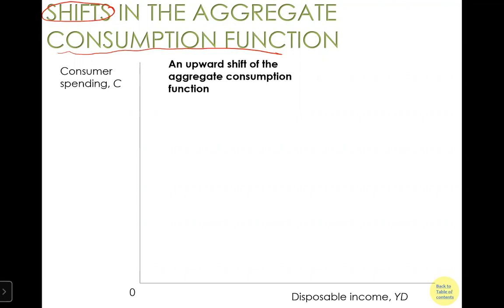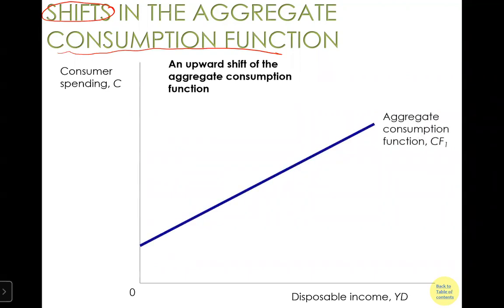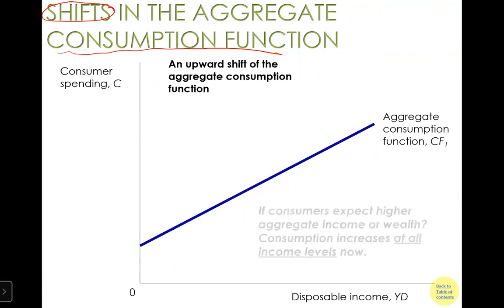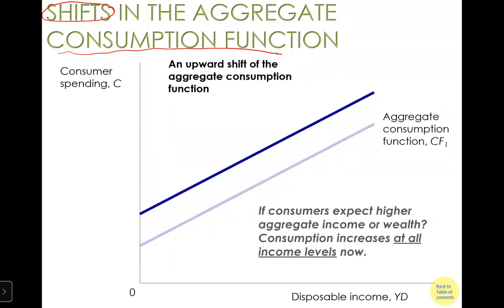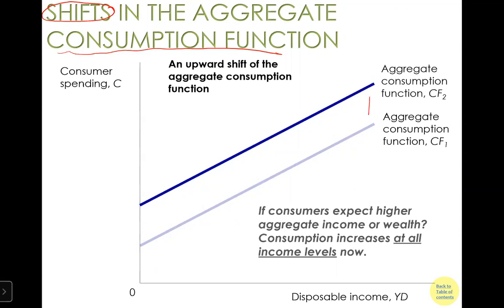In the micro review, we talked about supply and demand, and in supply and demand, we talked about a shift in supply or demand, and a change in the quantity supplied or demanded. Similarly here, we have a shift in the consumption function. Okay, that just means the consumption function itself changed, moving up or moving down.